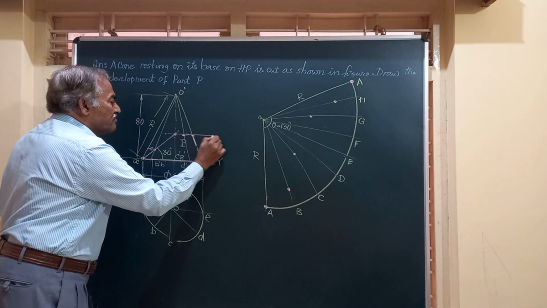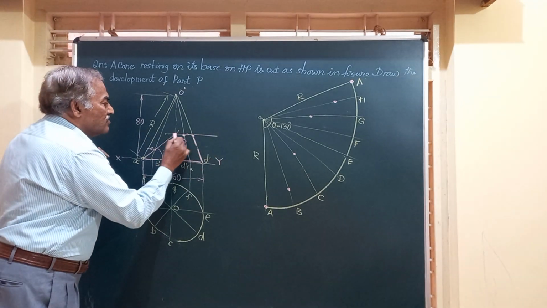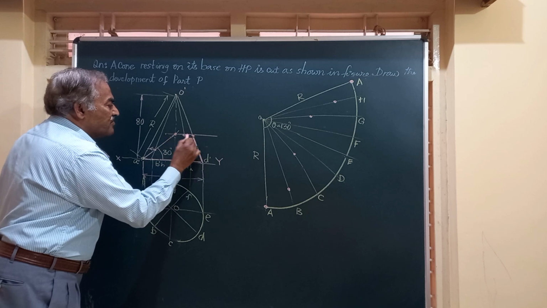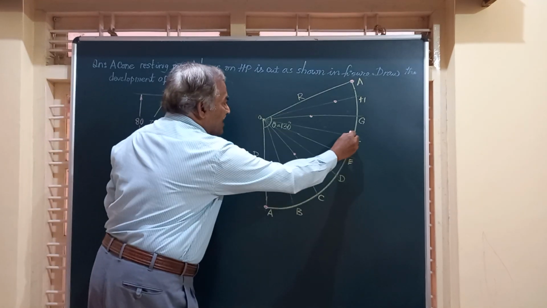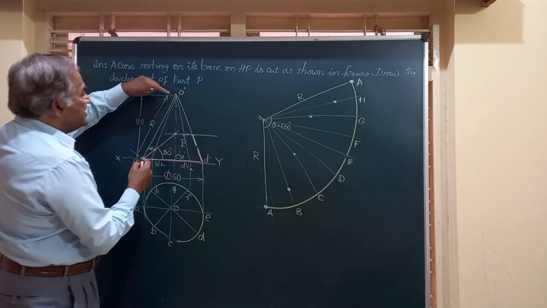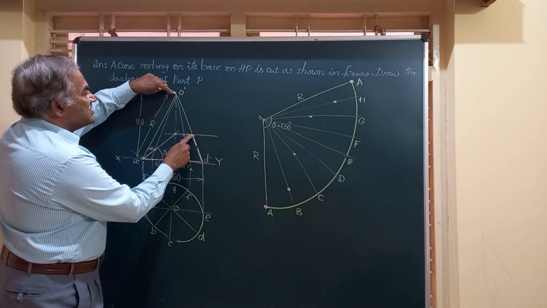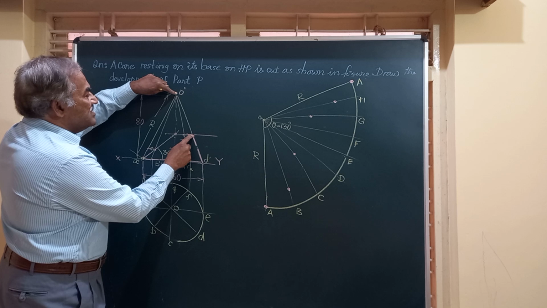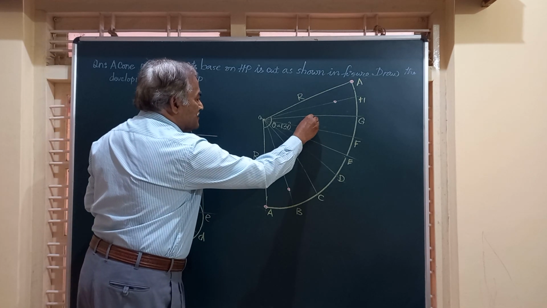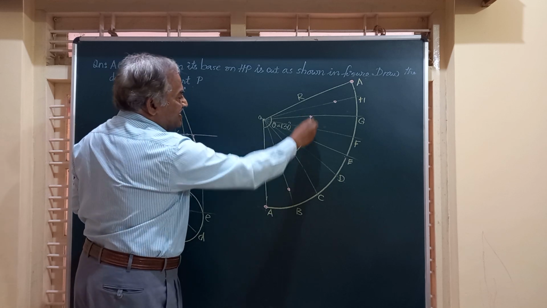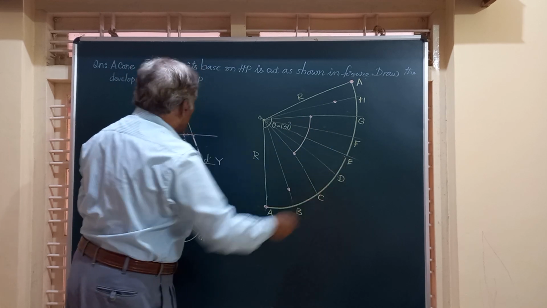Since this section plane is horizontal, the curve we get for this portion is going to be parallel to the base. So I take O dash as center, this true length as the radius, and draw an arc passing through this. This arc is parallel to the base.